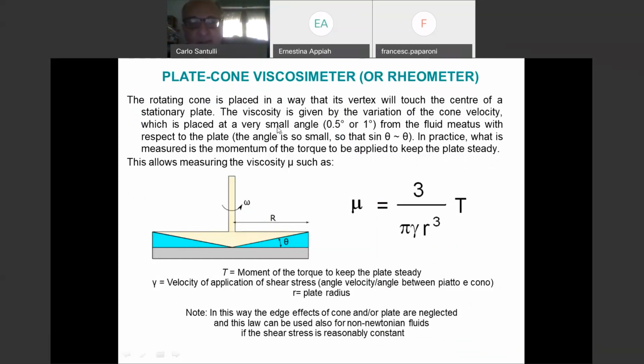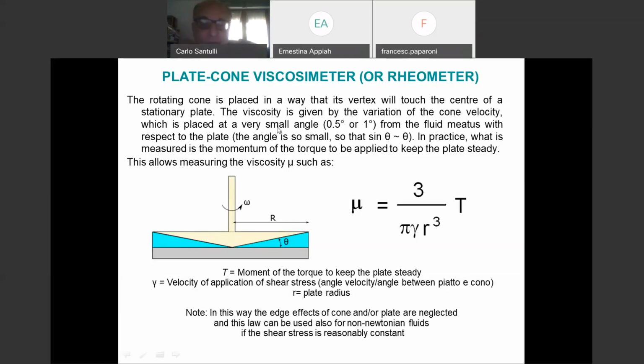I have this plate and cone, which is a typical situation. I have this cone, and I can measure the viscosity basically by the momentum of the torque which is needed, the pair of forces which create a torque with a moment which I need to apply.